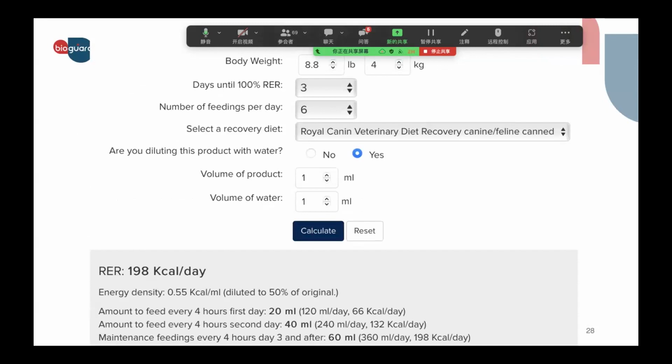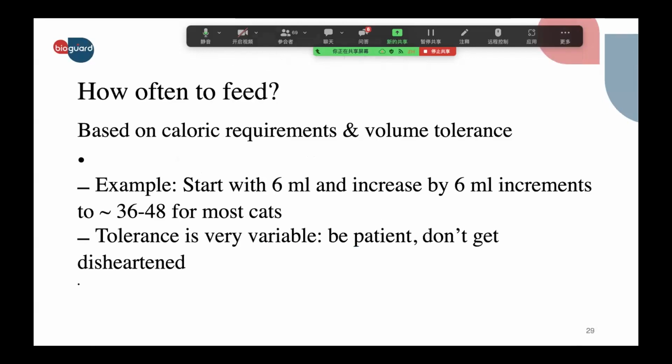There are some websites where you type in how many times you can feed and what kind of food you can provide, and if it needs to be diluted. For example, if we feed every 4 hours, it is 20 mL per meal if the food is diluted to 100%.